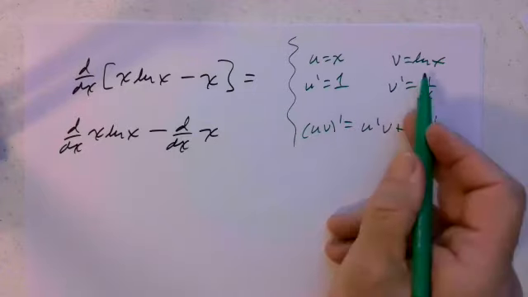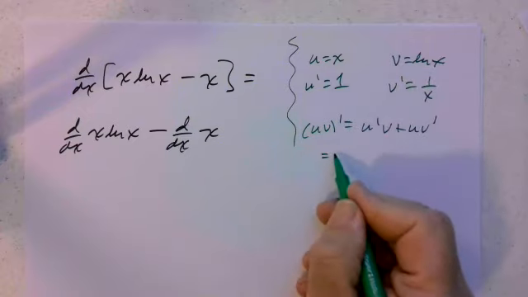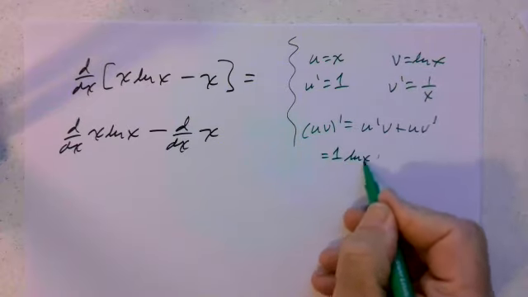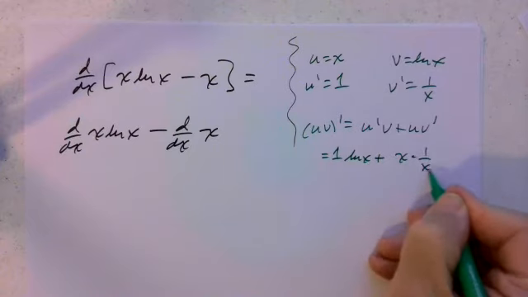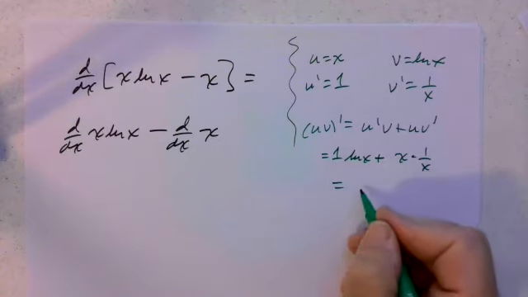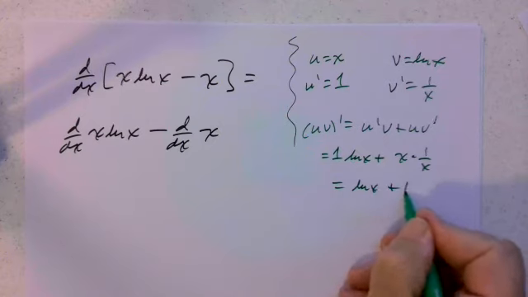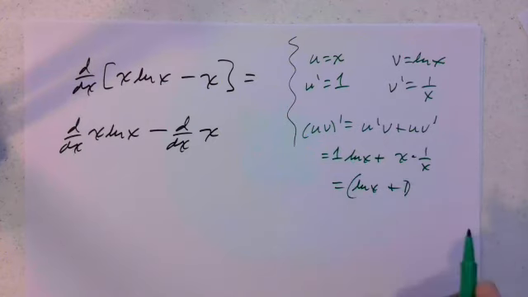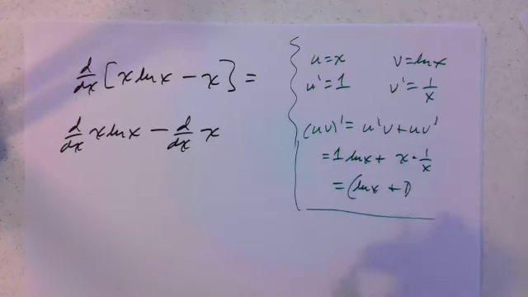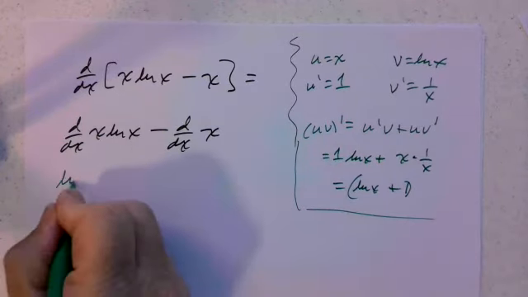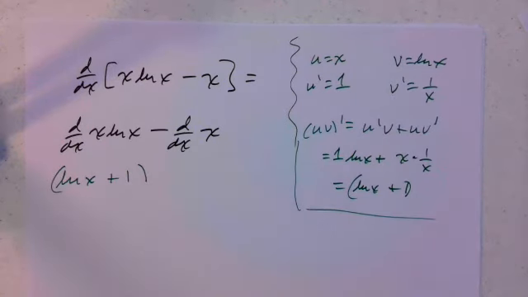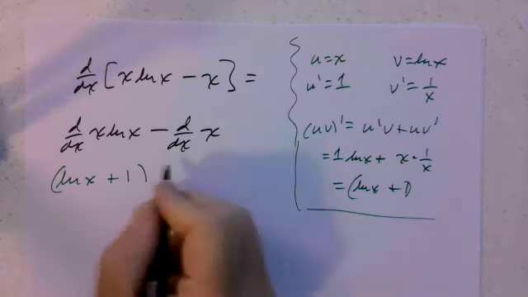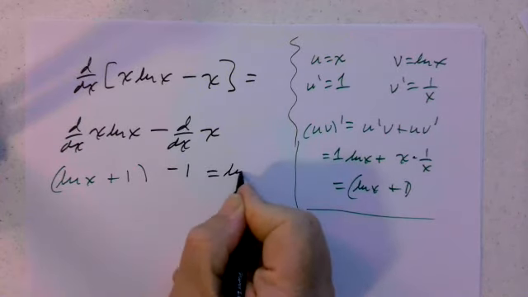What do we get? 1 times natural log x plus x times 1 over x, which gives me log x plus 1. So that's the derivative of x log x. So the derivative of x log x is log x plus 1 minus the derivative with respect to x of x, which is 1, and my answer is just natural log x.